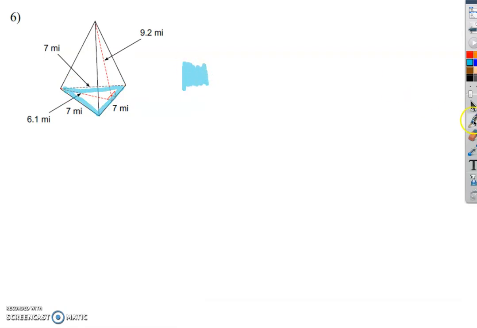We need to find its area. 1/2 base times height. 1/2, the base is 7, and the height is 6.1. It's this height right here. It's highlighted in blue. Okay, so now I've got 7 times 6.1 divided by 2. That's 21.35. That's the base.